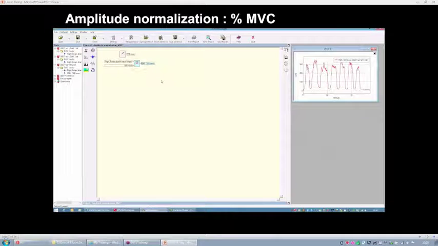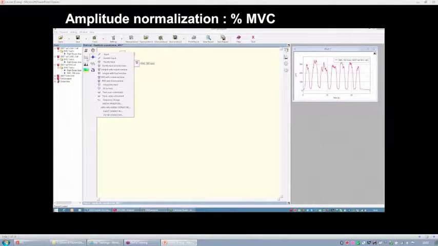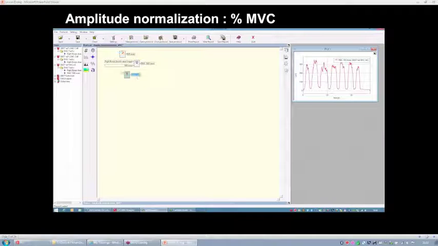Now I will consider as MVC value the peak value, but not exactly the peak value. I want to use the average value of a portion of the signal around a time duration of 1 second.